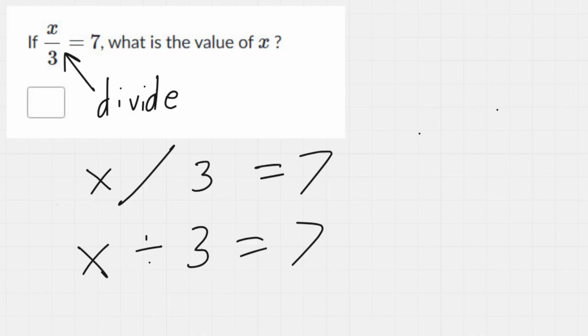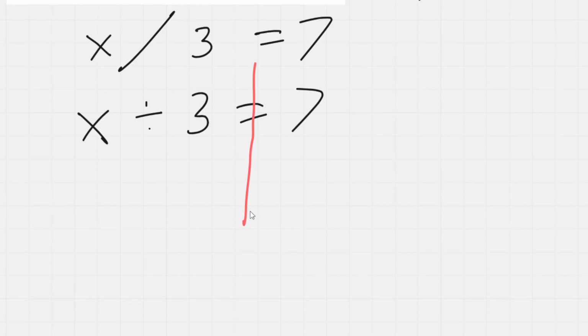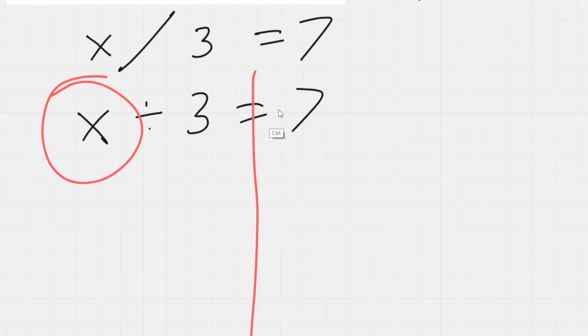And here, we're going to go back to our little orange, because I like that color. I think it's red. Okay. Here, I'm going to do the exact same thing that I did before, where I'm going to draw a line through. I'm going to scoot a little bit lower, otherwise I'm going to run out of space here. So we draw a line through, and we need to make sure that what we do to one side, we do to the other. Now, on the left side, my variable is the x.